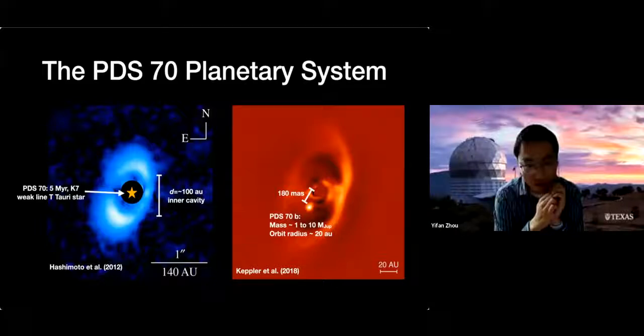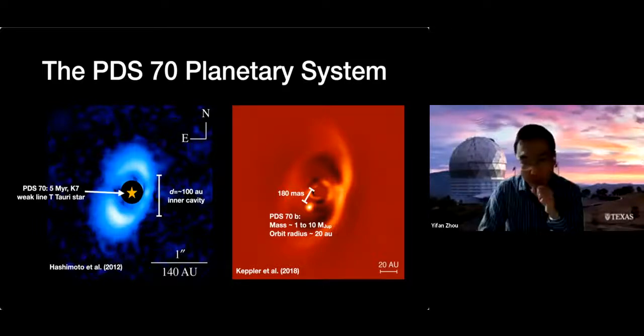The point source has the color and brightness of a planet. They also found very clear evidence that this point source is co-moving with the star. Because of this very concrete evidence, they announced that this is a planet around the PDS-70 star, and the planet PDS-70b is likely to be the reason we see this inner cavity of the disk.